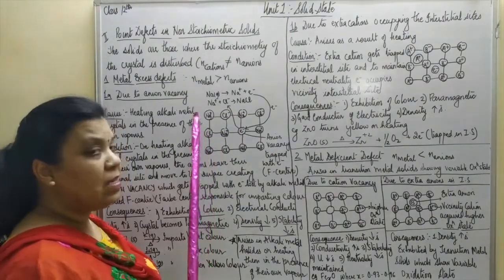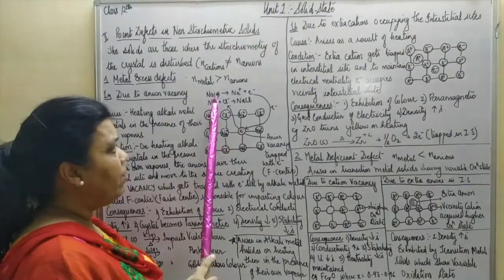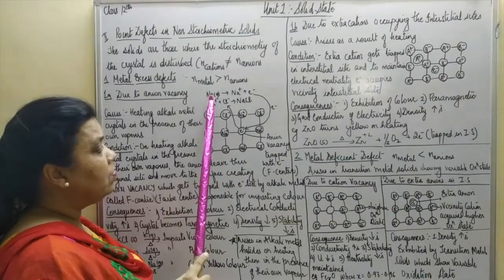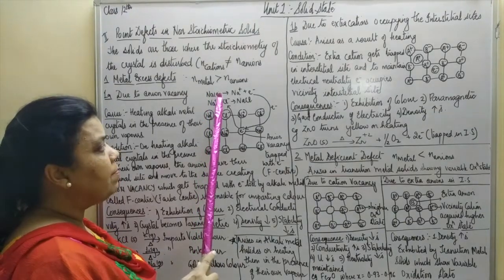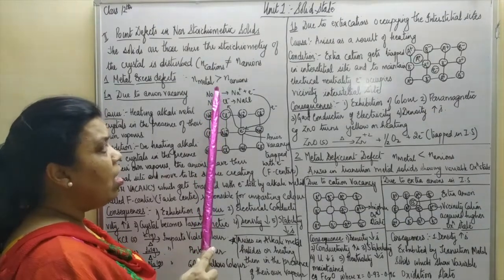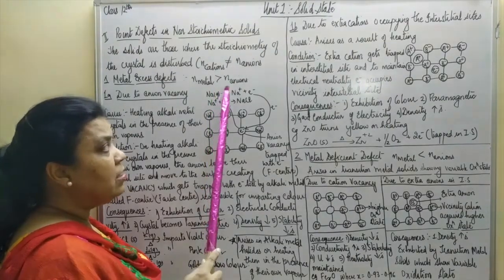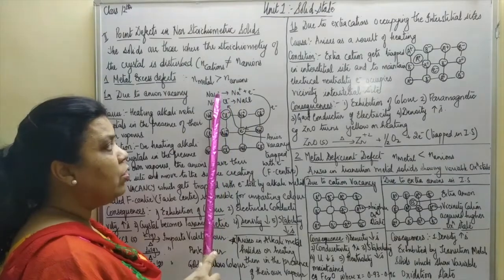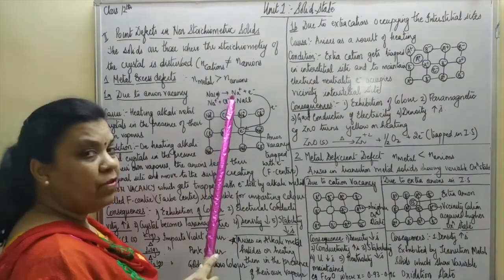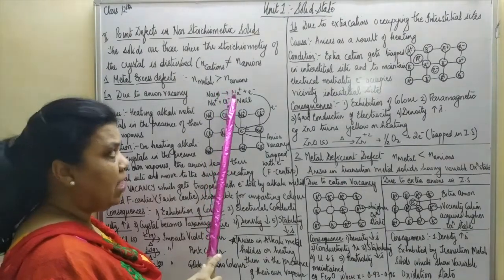Now when this crystal is heated in the presence of Na vapors, the Na atoms absorb some amount of energy equal to the ionization energy, which results in the removal of an electron from the neutral sodium atom, converting it into a sodium cation.